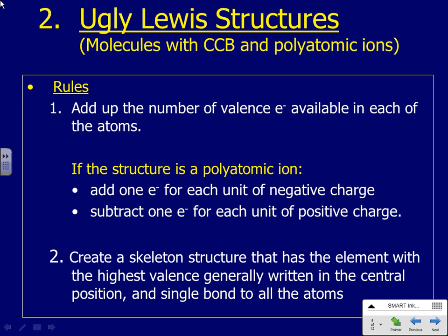We've already seen skeleton structures. Those were the ones like the carbon structures that I showed you at the end of class the last day, where I screwed up that first one very badly, if you want to recall the mistakes I made. That's funny. So once you've counted all the electrons, we want you to create a skeleton structure.